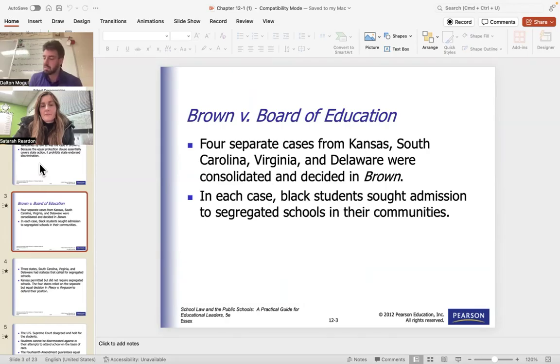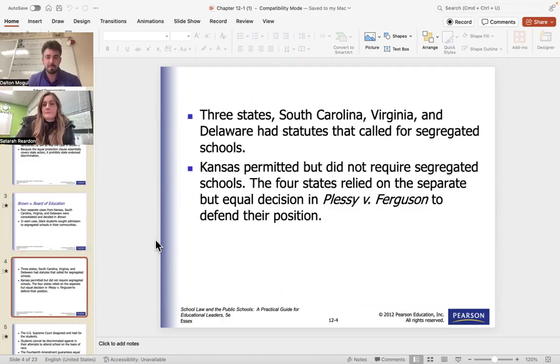The four cases argued that segregation was a violation of the Equal Protection Clause granted in the 14th Amendment, due to the fact that schools could not be made equal with separate facilities. Because facilities weren't equal, the idea of separate but equal didn't actually exist. It was just an idea.